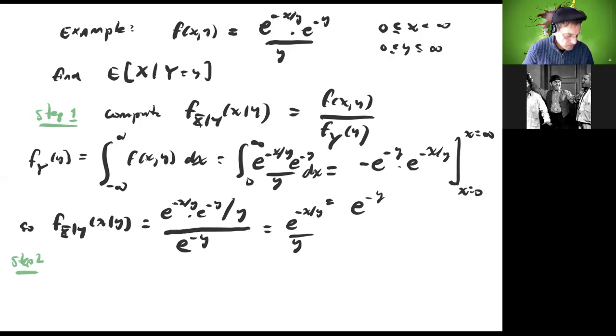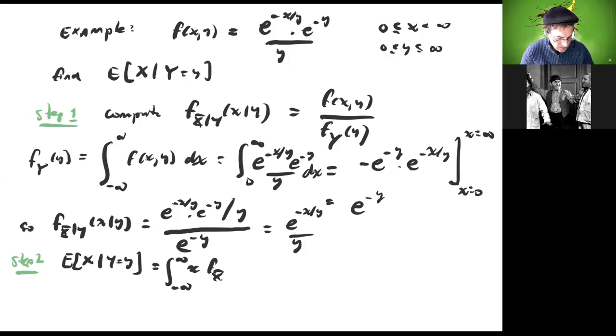So step two is to actually calculate what is being asked, the expectation of x given the random variable y equals y. That's going to be the integral from minus infinity to infinity of x times the conditional density, and we integrate with respect to x.